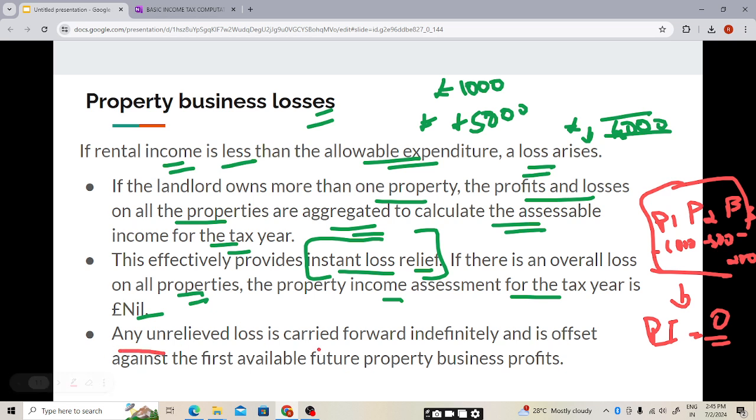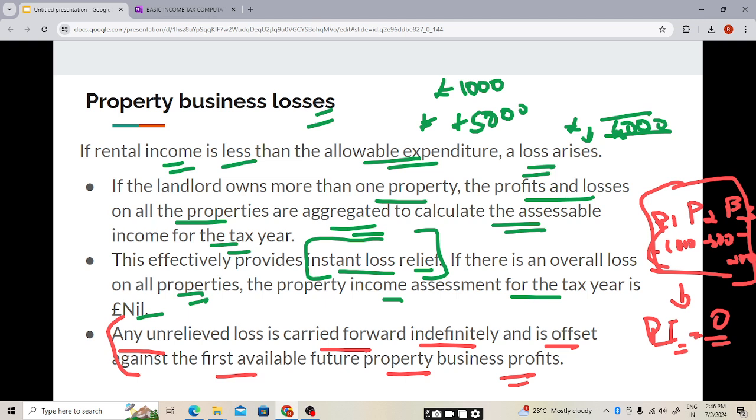The unrelieved loss is carried forward indefinitely and is offset against the first available future property business profits. What does this line say? This year your property income is 0, but next year you will earn income from the properties, so this year's loss can be carried forward and set off against your future property income.